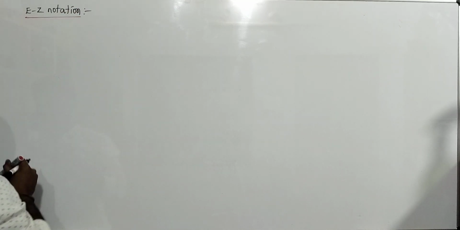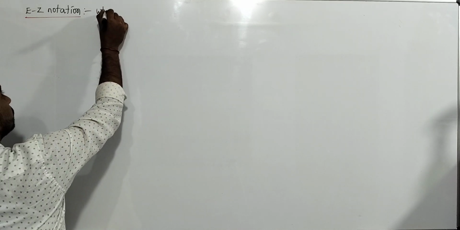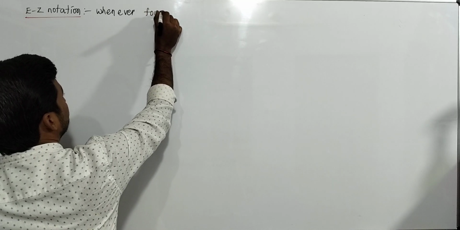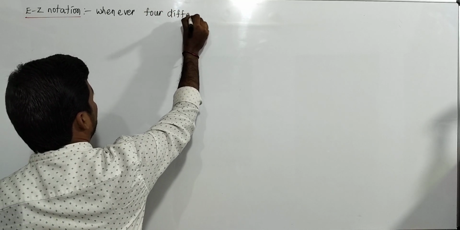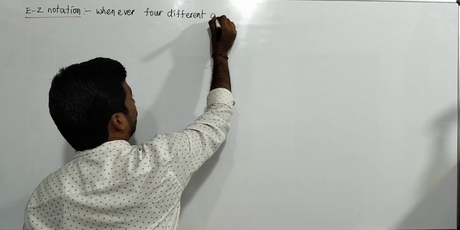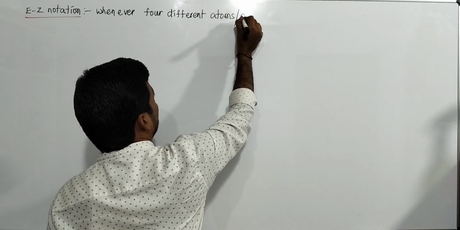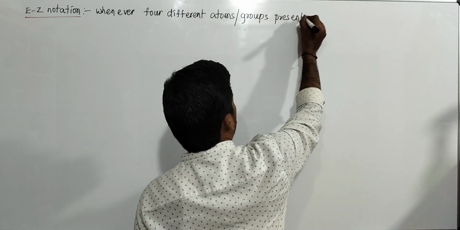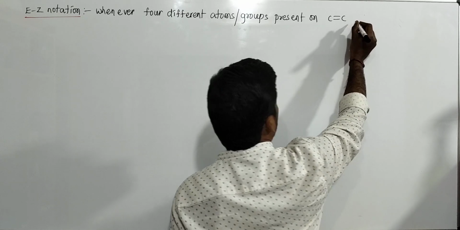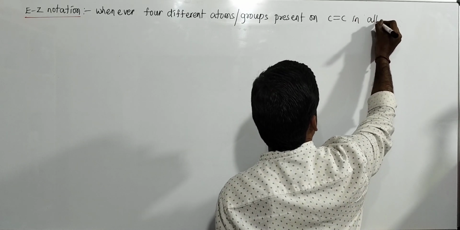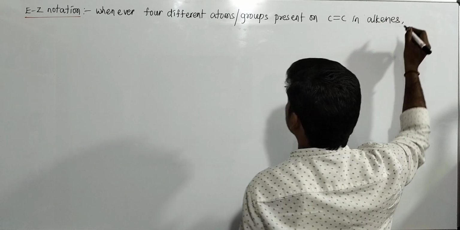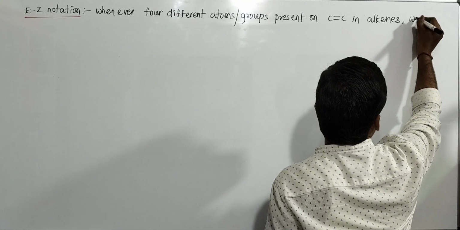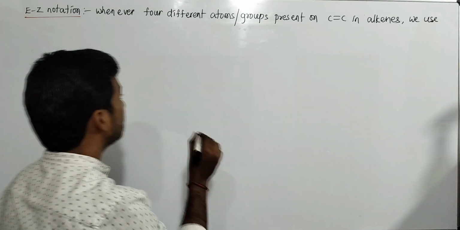And when will we use EZ notation? Whenever there are 4 different groups, 4 different atoms or groups present on a carbon-carbon double bond in alkenes, we use EZ notation.